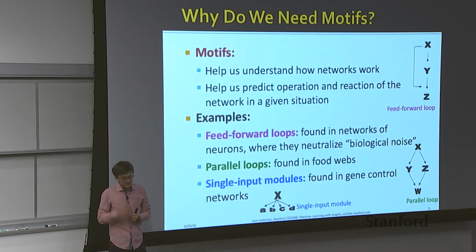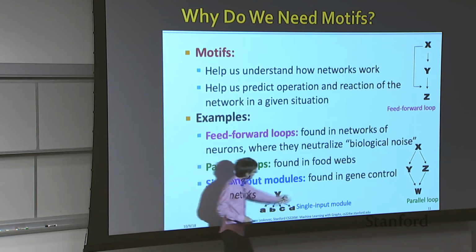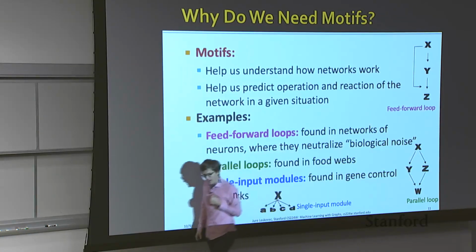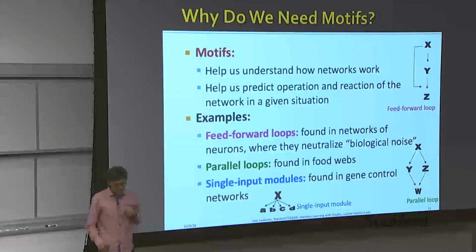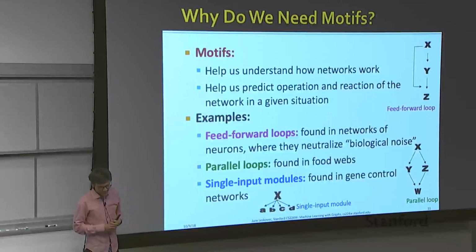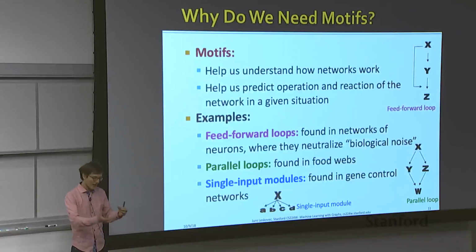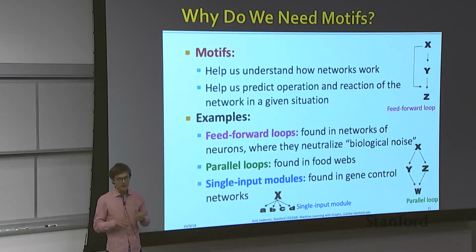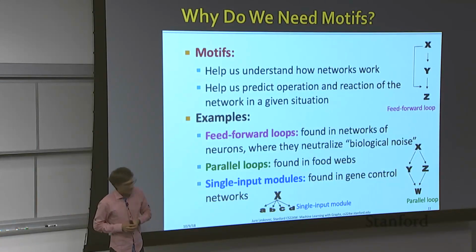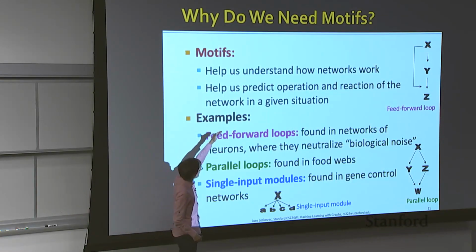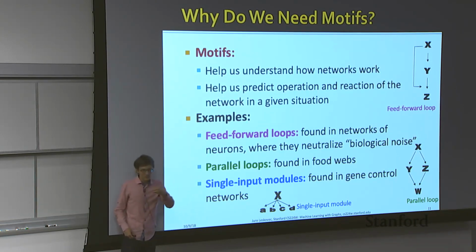So the question is, why do we need these substructures? Why do we need motifs, right? And here I'm trying to show you some examples of different types of motifs in pictures. But essentially, motifs help us understand how networks work. They help us understand how networks are composed together. And they allow us to predict the operation or reaction of a network to a given situation, right?